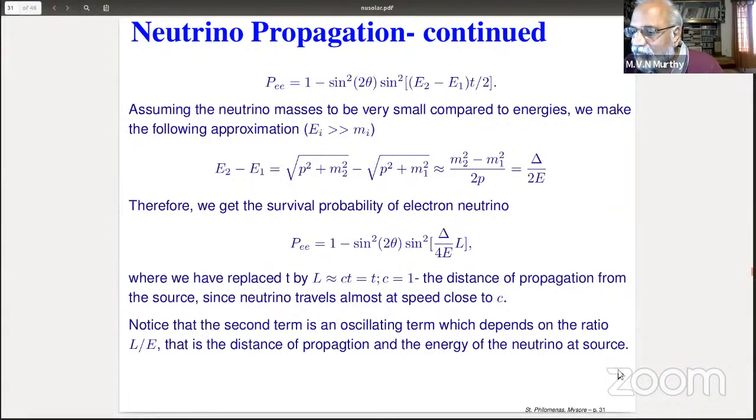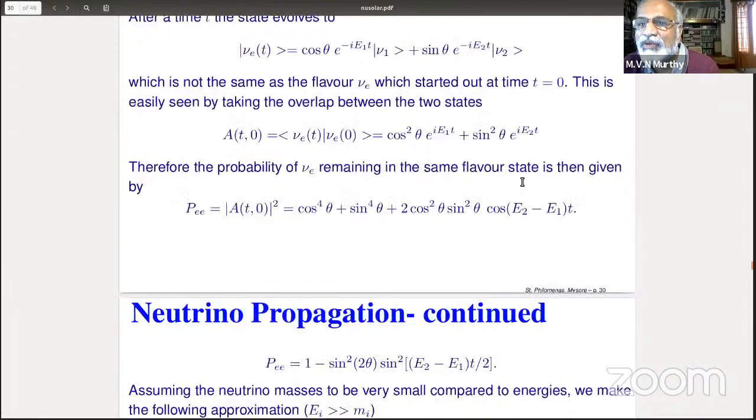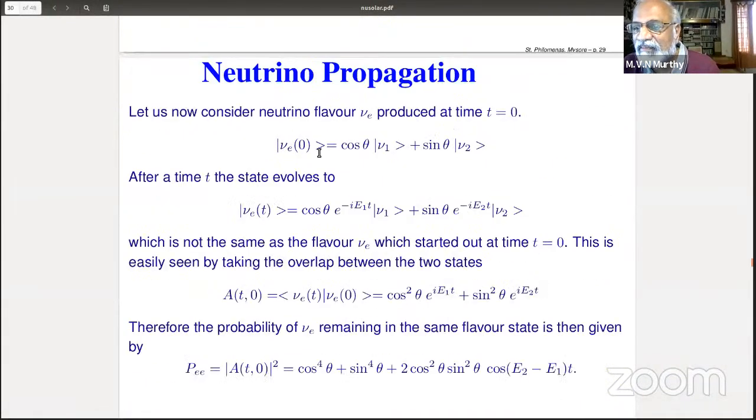And there is a question, what is a flavor state? Now this is what I explained earlier. A flavor state is defined by the superposition of two mass or energy eigenstates. Now, why do we distinguish the flavor state? Because it is these flavor states that are produced in weak interactions. These are the states that participate in the weak interactions.